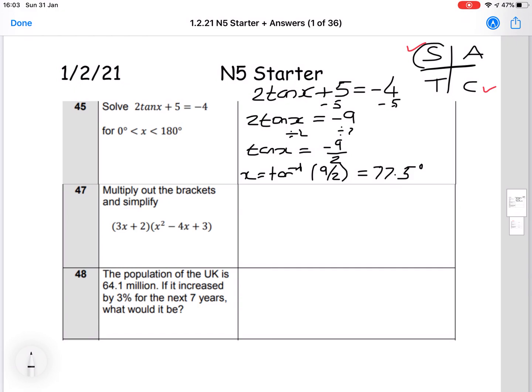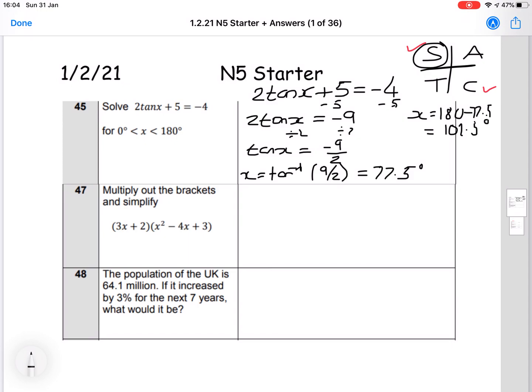In the S quadrant, it will be 180 minus the answer, so minus 77.5. And then in the C quadrant, it'll be 360 minus. If we do that one first, 180 minus 77.5, that's going to give us 102.5 for our first answer.